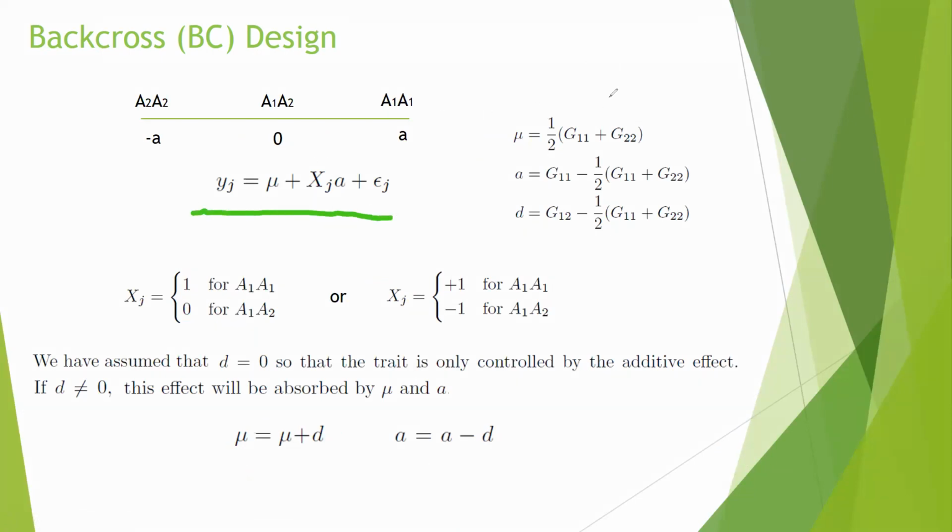Here in a backcross design, for each locus we only have 2 possible genotypes, right? Any questions here? We're missing one. This is why this design is not as powerful as the F2, because in F2 we can see all 3 genotypes, but for backcross we only see 2 of them.